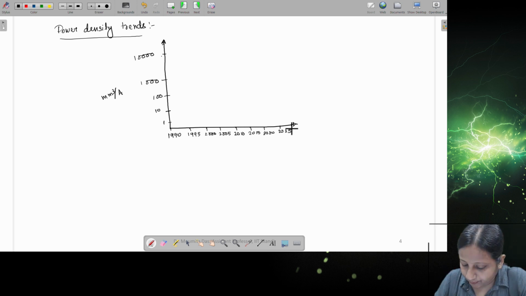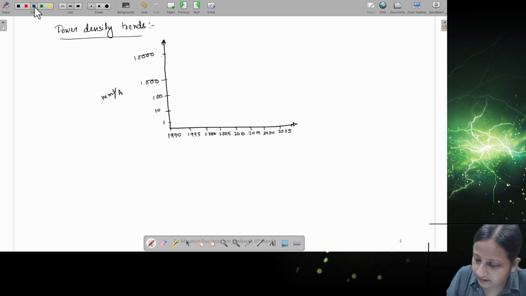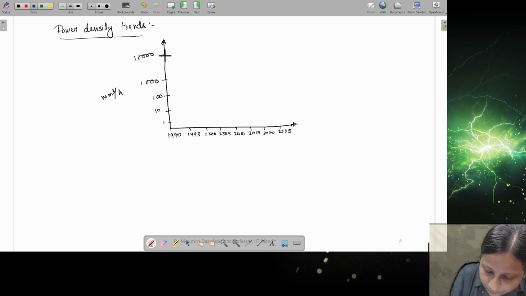So now this curve looks like, so basically it is going from 10,000.